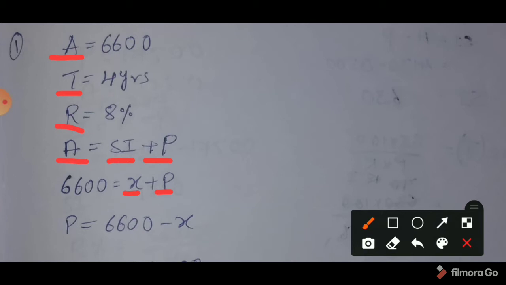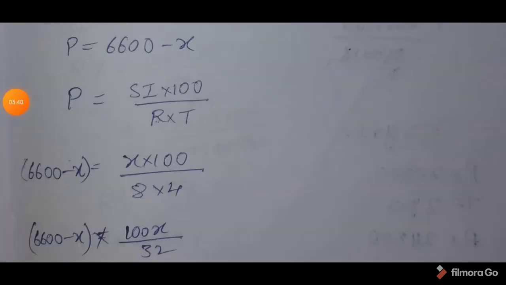So from this, 6600 equal to x plus P. From this I'm going to write P, transposing x to the left side. So P equal to 6600 minus x. Then P equal to SI into 100 by RT.